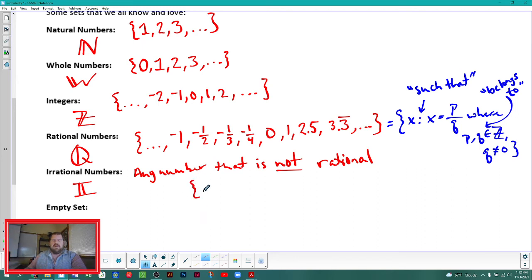Some examples that we have, and we're not limited to this, but something like the square root of 2. The square root of 2 is a decimal that never ends, never repeats. It just has a strange pattern all the way through. Probably the most famous one is pi, 3.1415, and so on.